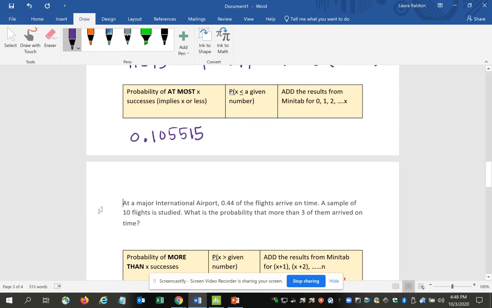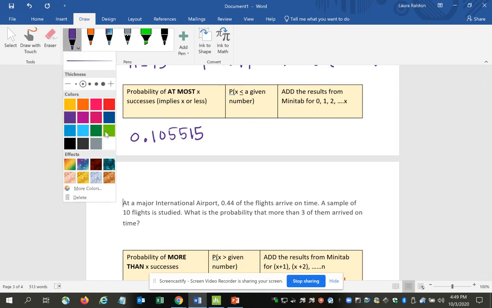Okay, so moving on to the next example, which reads, at a major international airport, 0.44 of the flights arrive on time. A sample of 10 flights is studied. What is the probability that more than 3 of them arrived on time?